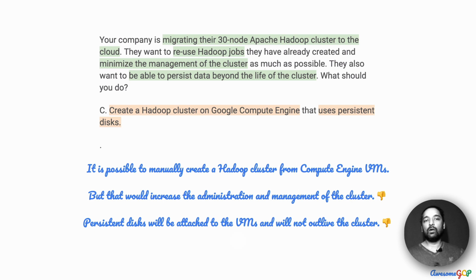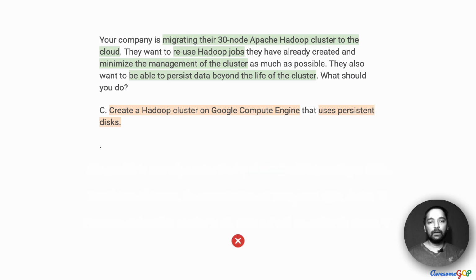However, we are not then minimizing the management of the cluster, which of course is a requirement. We are going to have to do the same things we did on-prem also on Google Cloud. So that definitely is not a good option. And of course, we already discussed the use of persistent disks, that these do not outlive the cluster. Therefore, we will eliminate option C.